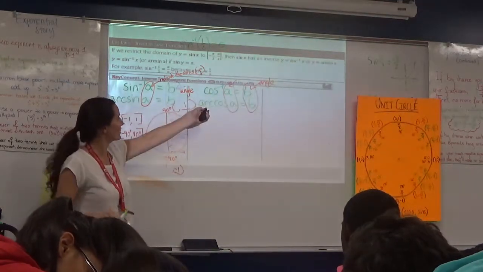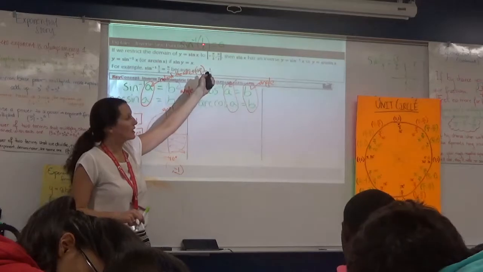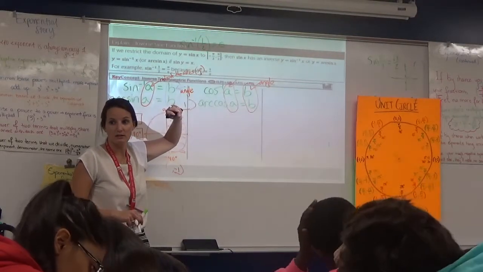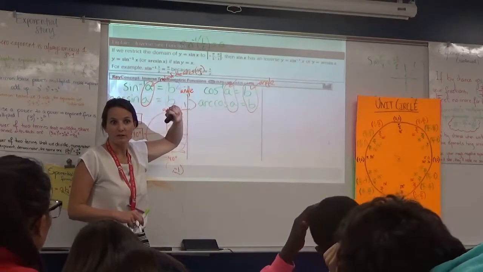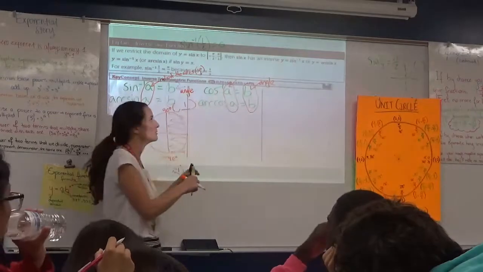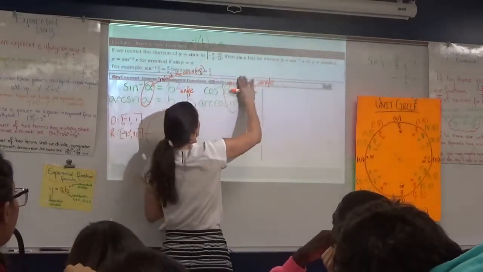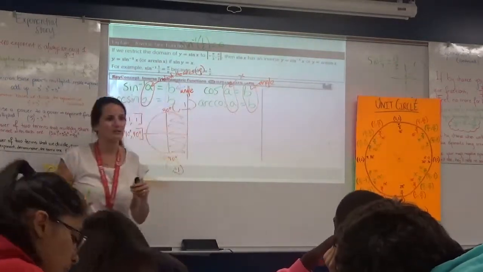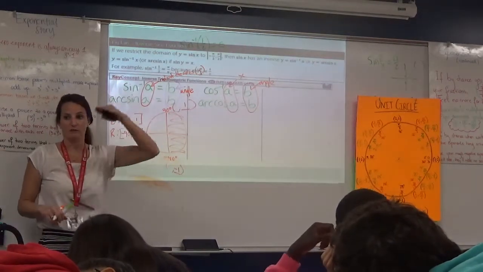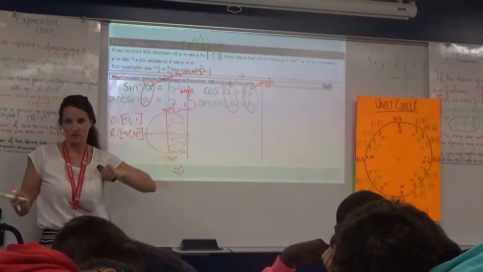For cosine, let's say it was cosine inverse of a half, the half would represent what? For sine it was y. We were looking for where y was 1/2. For cosine we'll be looking at the sides, like x. It's technically x over 1 because it's the x over the radius of 1, but we call it x.